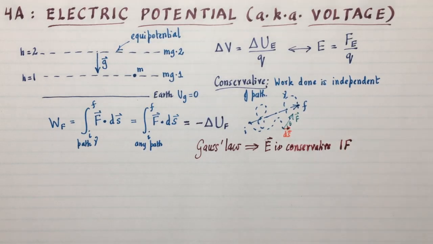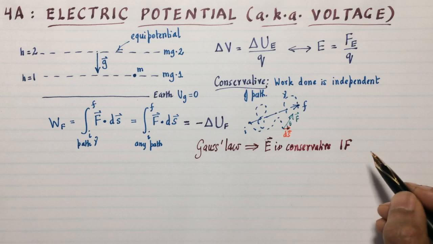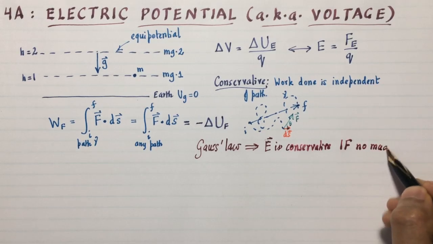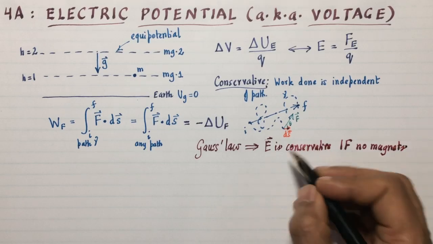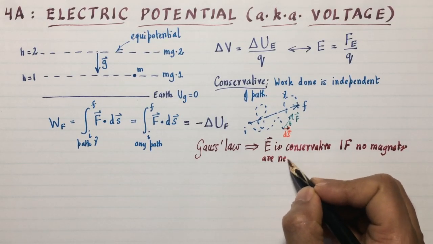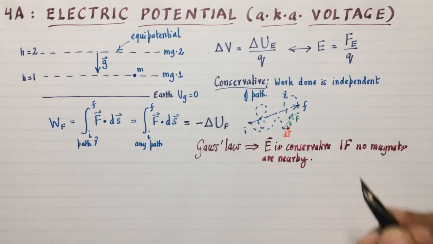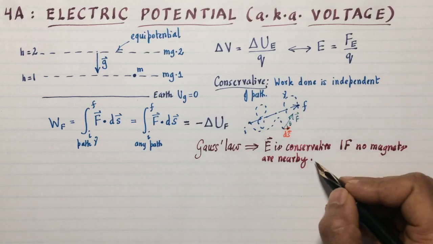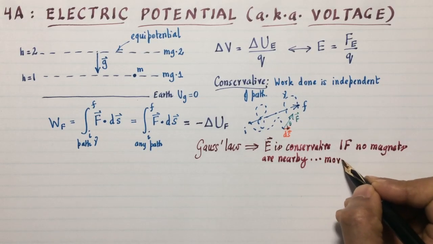If, and this condition I'm about to state is quite mind-boggling, if there are no magnets moving around. Now, that's a very strange condition. Electric field is conservative if there's no magnets nearby that are moving. Okay?